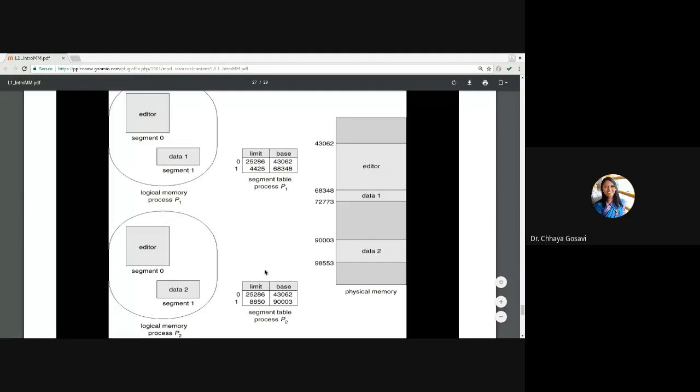So these two programs can share the particular segment. And data 2 can be loaded starting from any memory location. This is the base address, and add 8850, you will get this limit.